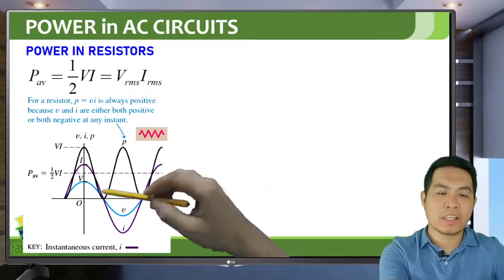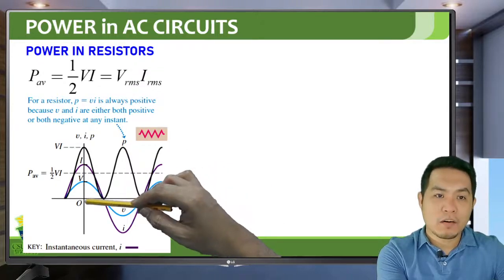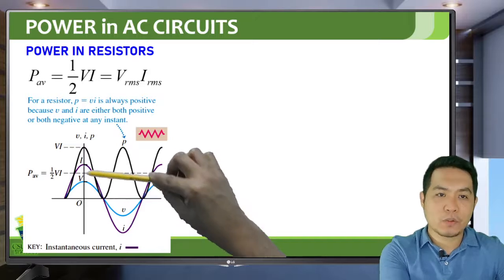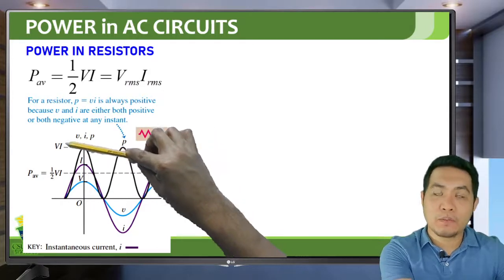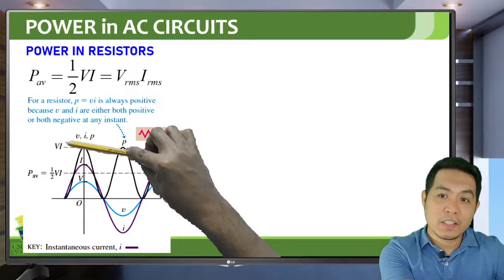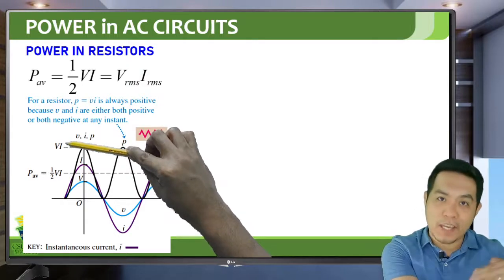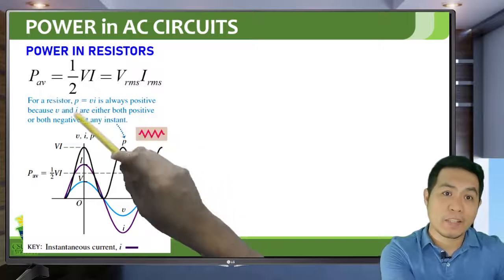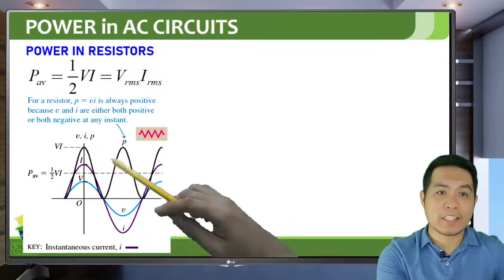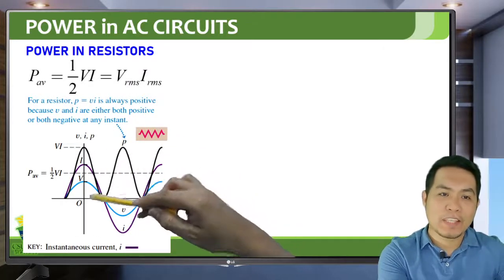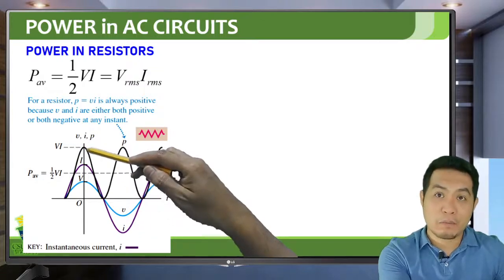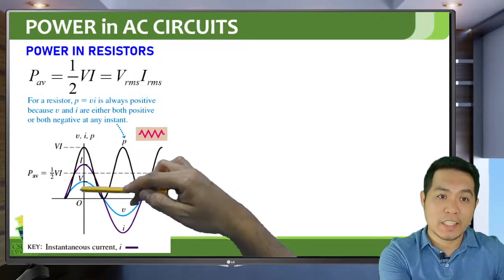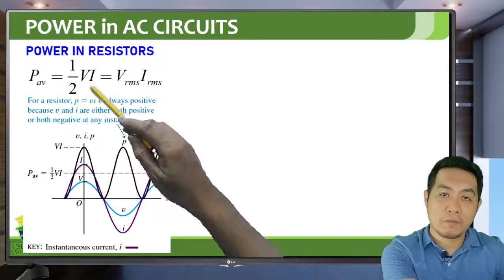You will notice that the power ranges from 0 to a maximum value of V times I. So what is the average of 0 and VI? It's 1/2 V times I. The middle, that's the average. Half the time it's 0, half the time it's maximum. So the average is in the middle, 1/2 V times I.